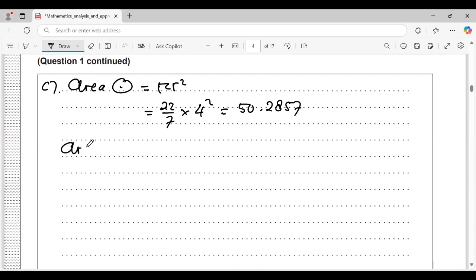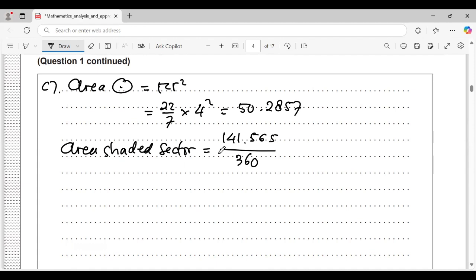And the area of the shaded sector equals 141.565 divided by 360. This is theta.